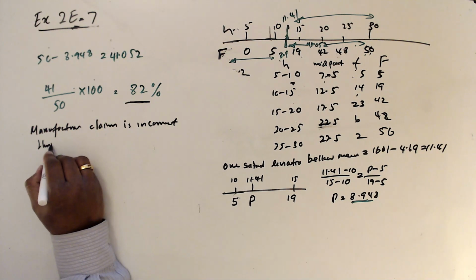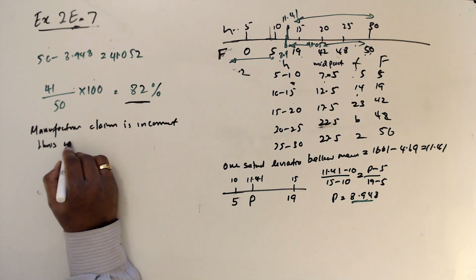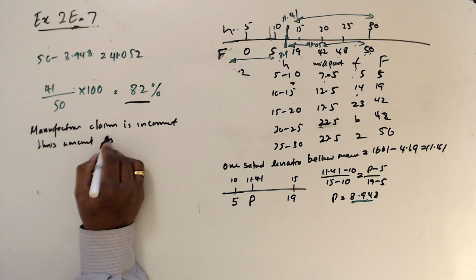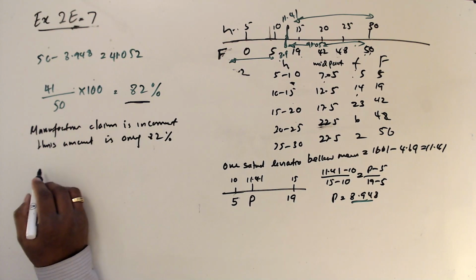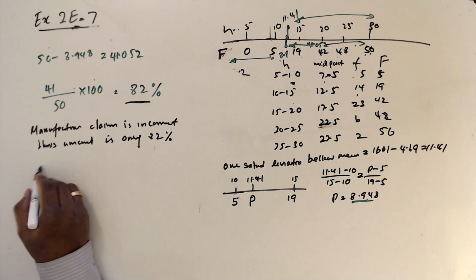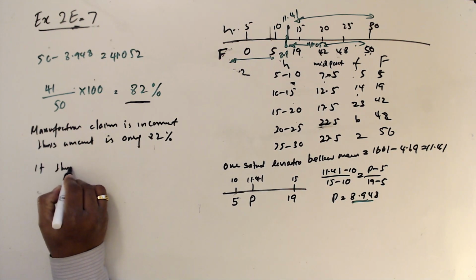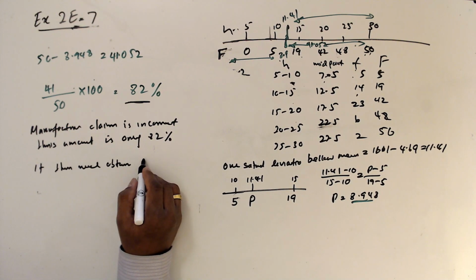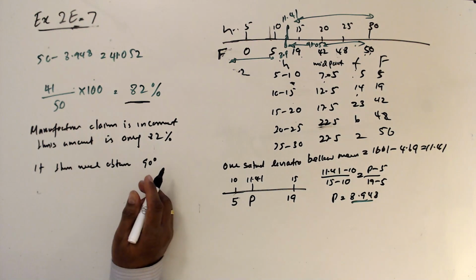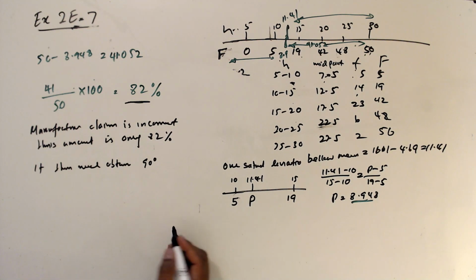This amount is only 82%. So if they need to obtain 90%, what is the calculation?